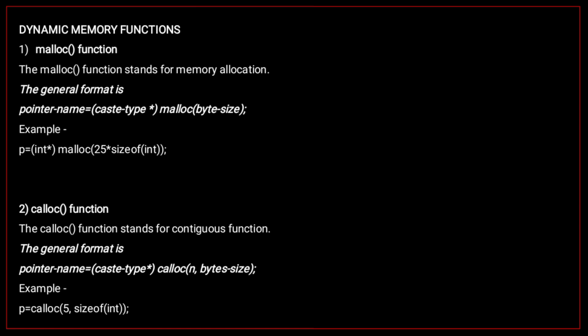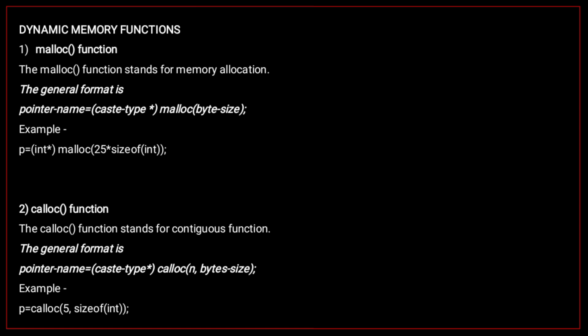Now in this format, pointer name is the name of a pointer, any valid identifier name. Size in bytes is the size of bytes required to be reserved in memory. The cast type is used to type cast the pointer returned by the calloc function, and n specifies the number of blocks. So how to use this function?